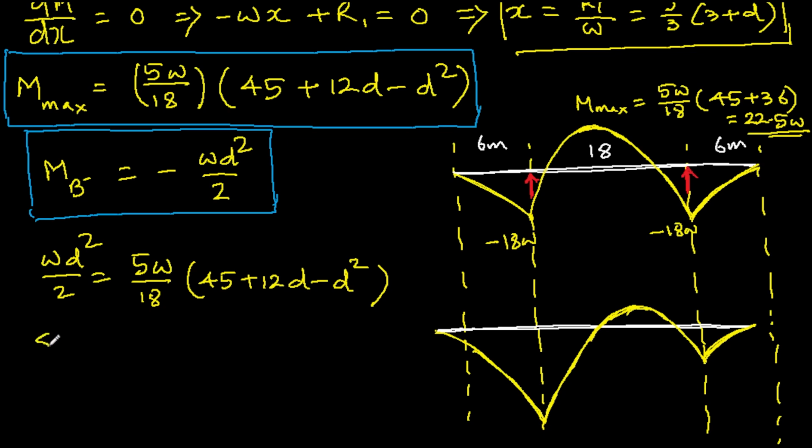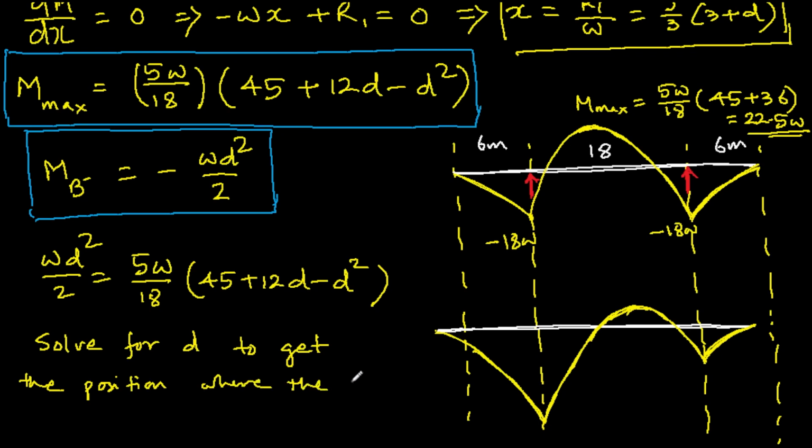Okay, so solve for D to get the position where the maximum bending moment will have its minimum value.